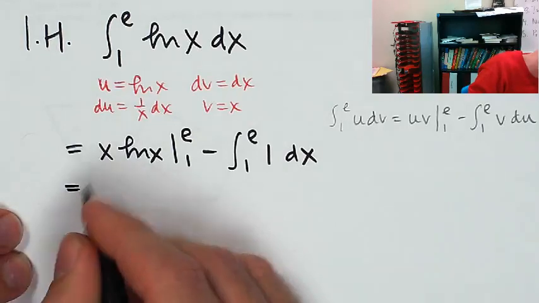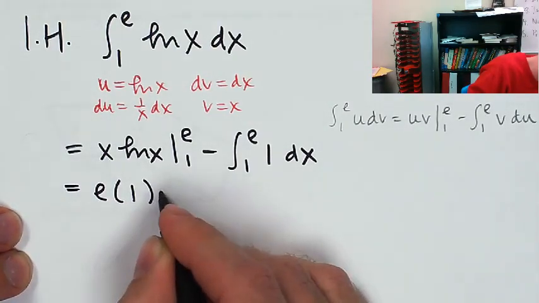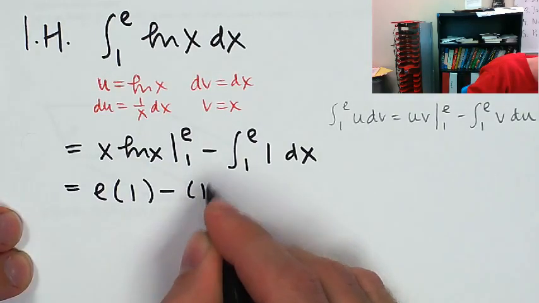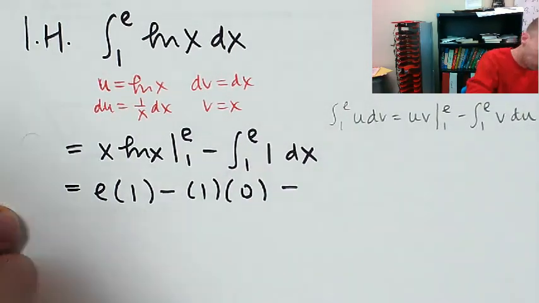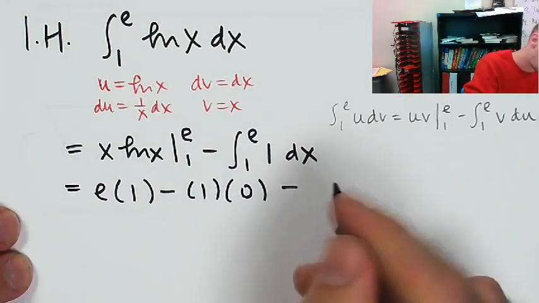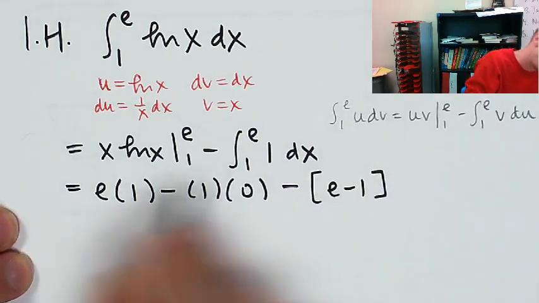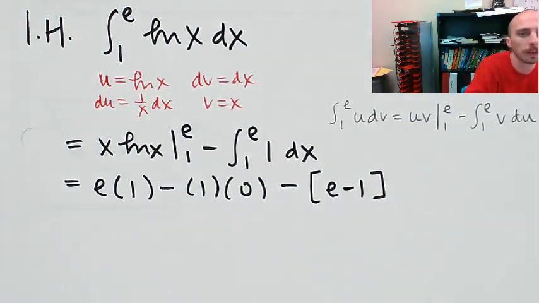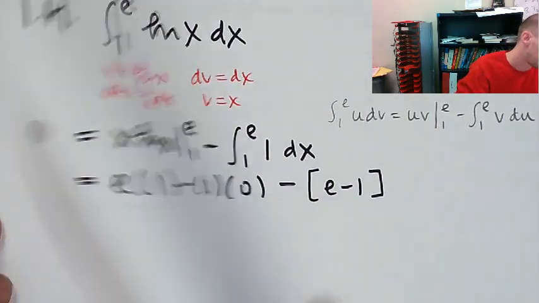So this is e times the log of e minus 1 times the log of 1, minus the integral from 1 to e of 1, which is just e minus 1.